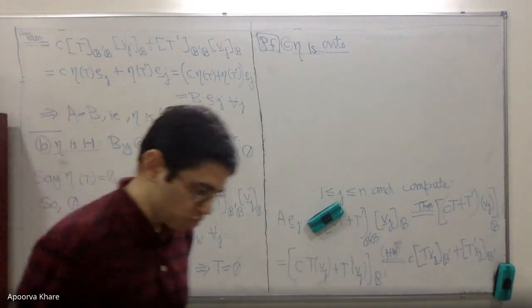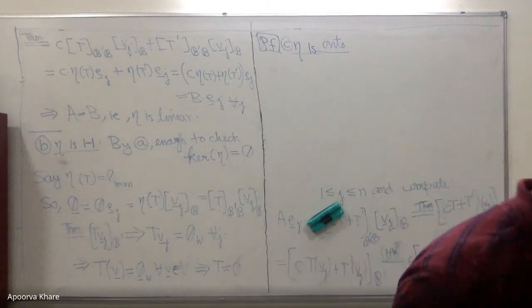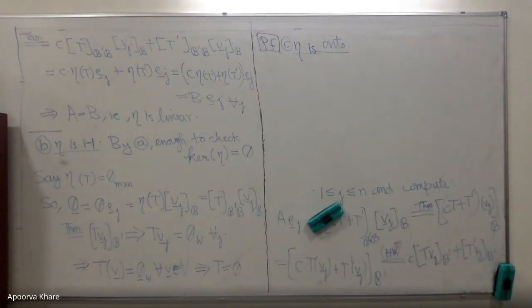Eta is on 2. One second. What am I doing after this? Composition. I don't need composition right now. Tell me basis of the vector. I can tell you basis and rank nullity right away.